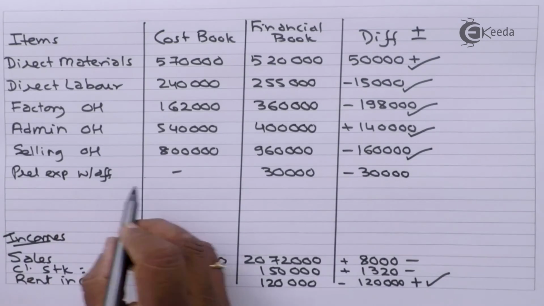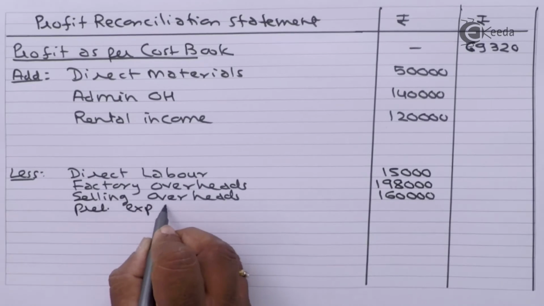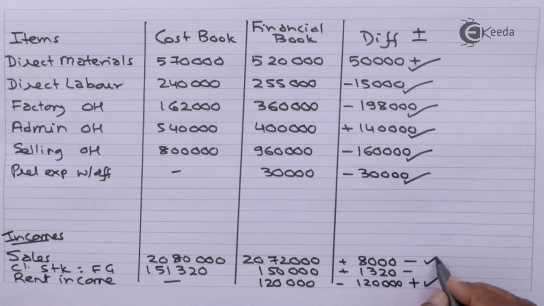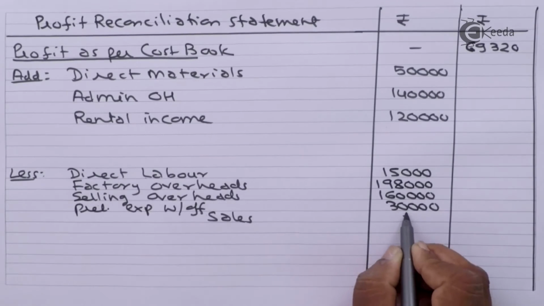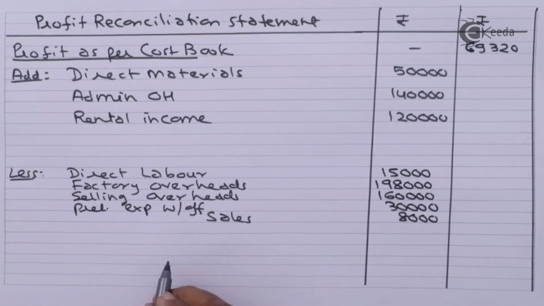Preliminary expenses written off 30,000. Sales 8,000. Closing stock of finished goods 1,320.